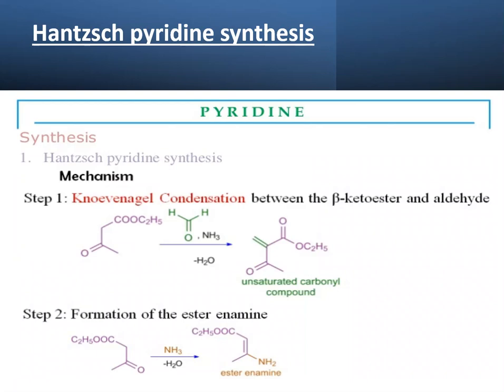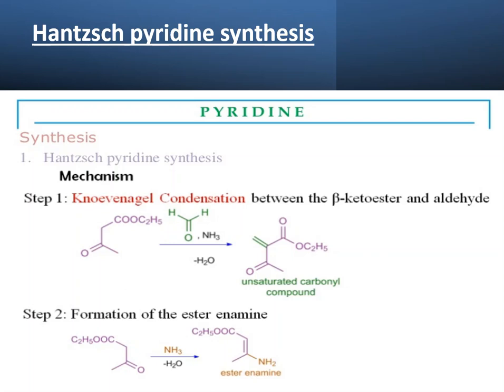Then it is Hantzsch pyridine synthesis. So what is this Hantzsch pyridine synthesis? The first step is Knoevenagel synthesis, condensation between a beta keto ester and an aldehyde.